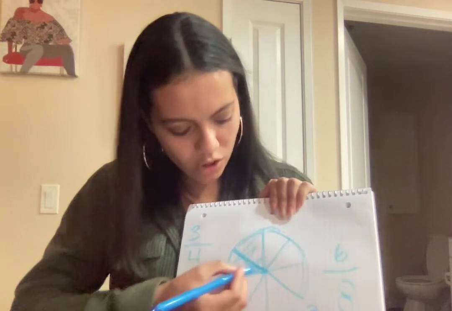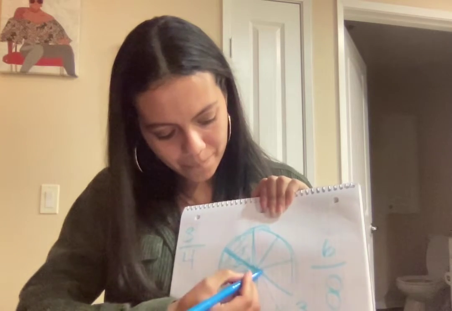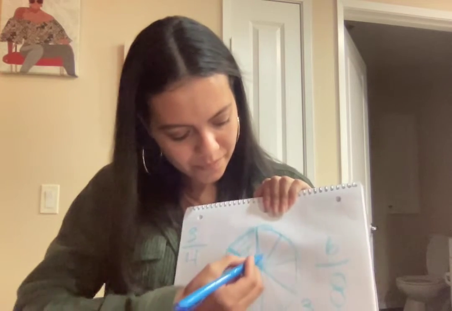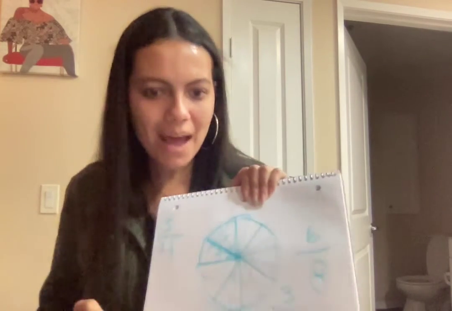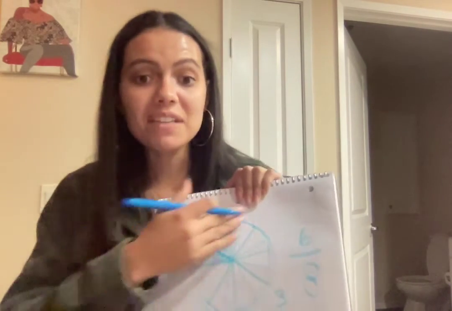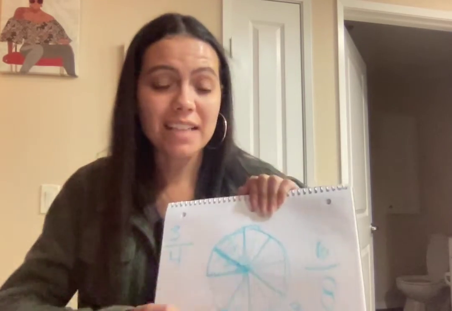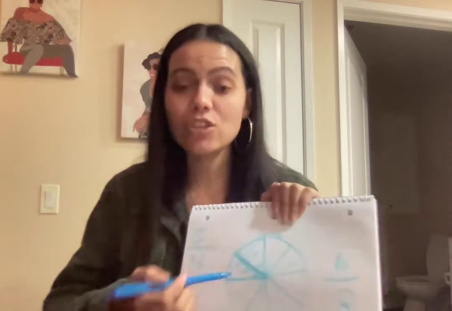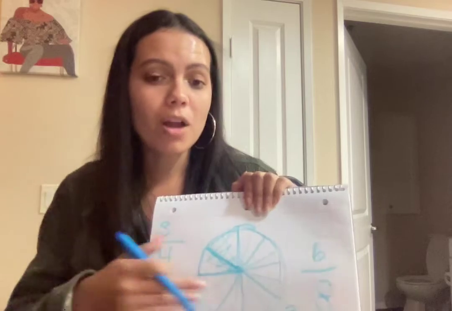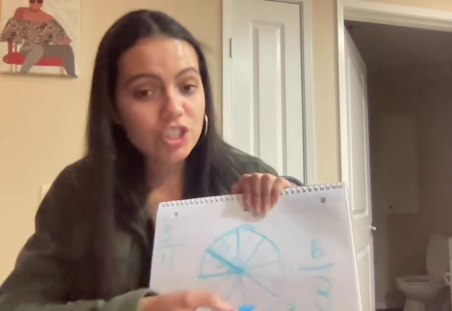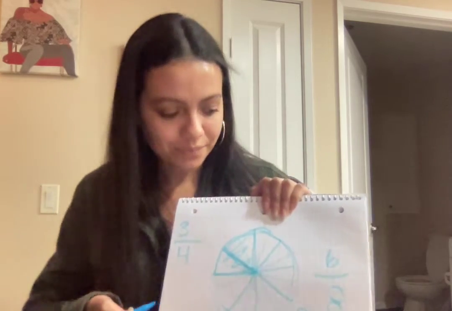If I divide all of these slices again, now I even have 16 slices, but I still have the same whole amount of pizza, because whether I have it divided into 8 slices, divided into 16 slices, or divided into 4 slices, it's the same amount of pizza. So all those bottom numbers can be the same. You're just changing the amounts that you're using it by, okay?